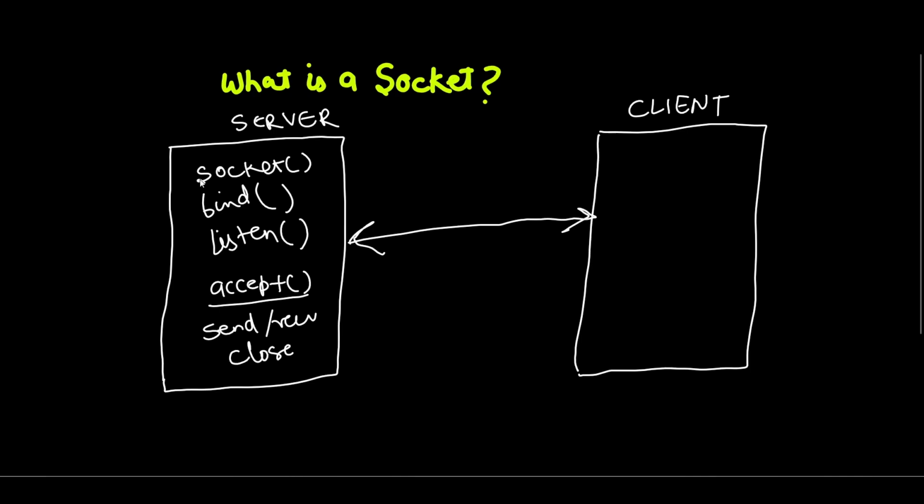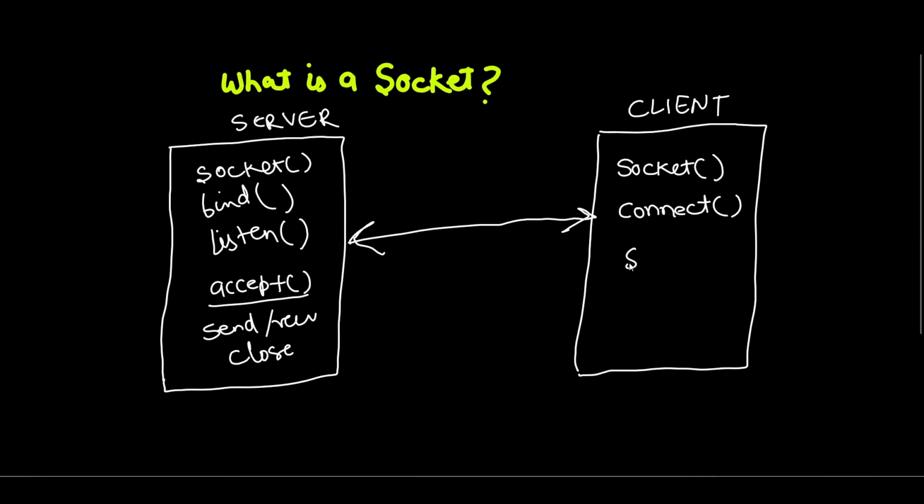So what about the client side? Similarly, as we have the socket API in the server, we have the socket system call running on the client side as well. Then we have the connect call that connects to the server, which has the IP and port already defined.